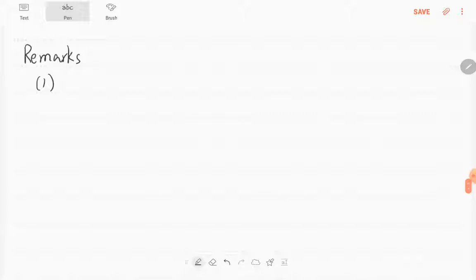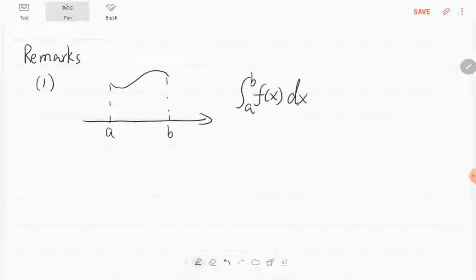The first one: if the function curve is above the x-axis, then the definite integral from a to b is actually the area between the curve and the x-axis from a to b.